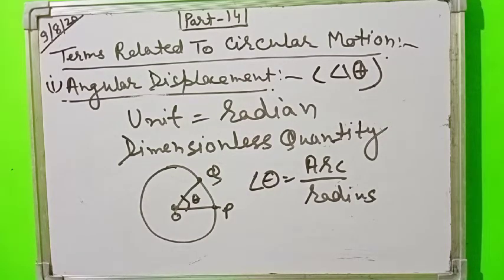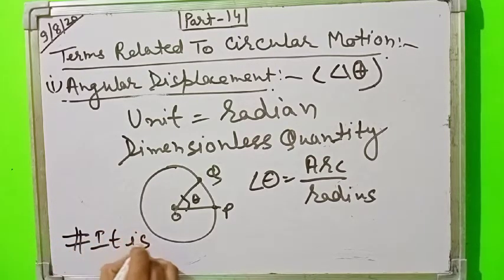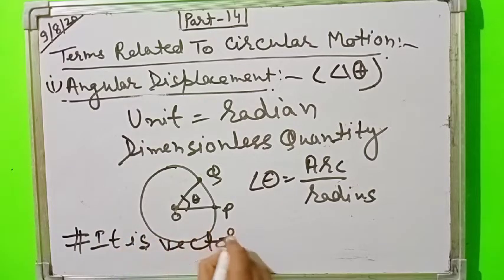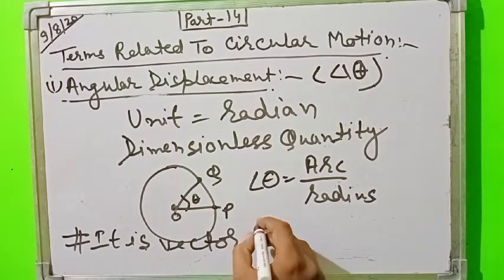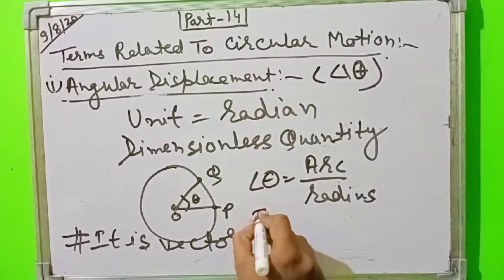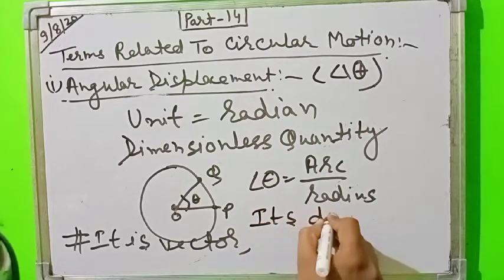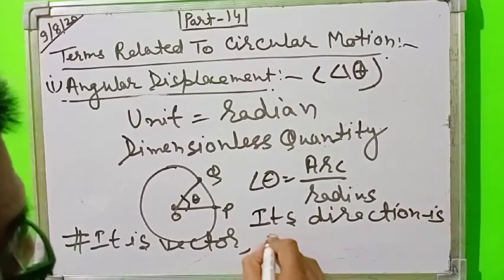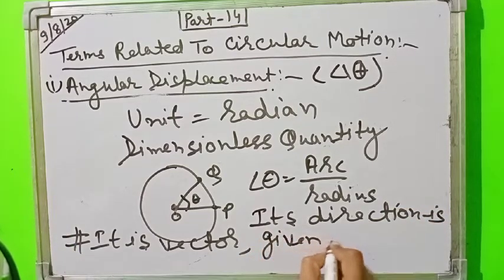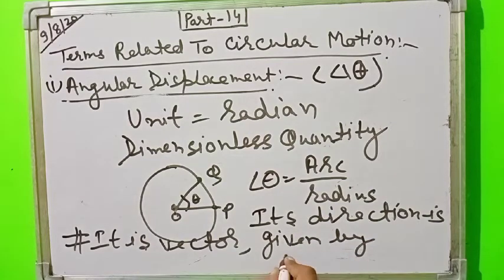It is a vector, and its direction is given by Fleming's right hand rule.